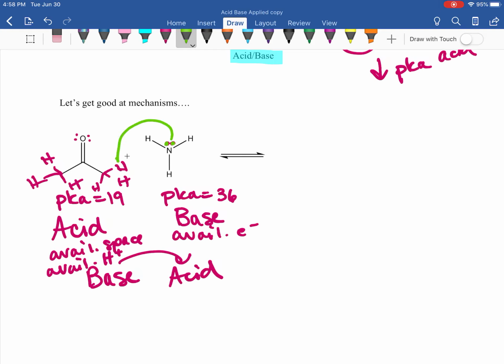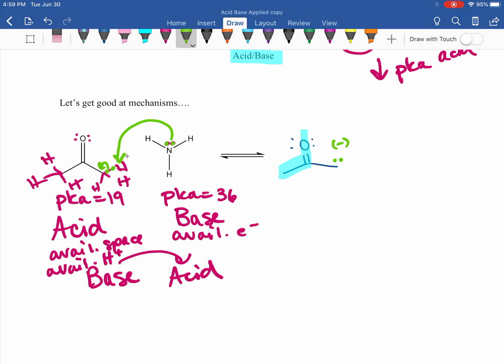So I'm going to take this lone pair on nitrogen, and bases take that hydrogen, and they leave behind those electrons. I love it. So now how do you draw that? Well, what did we just do to this acetone? We didn't do anything to this side of our molecule, but we did leave behind 2 electrons on that carbon.